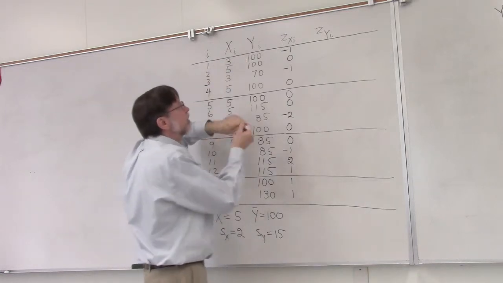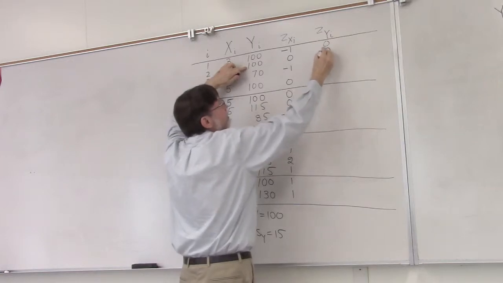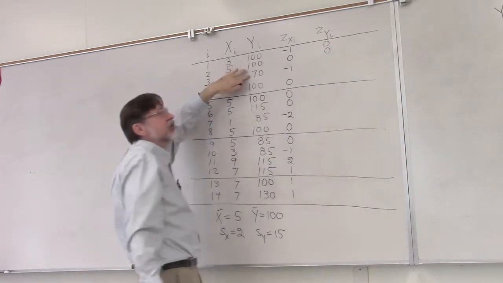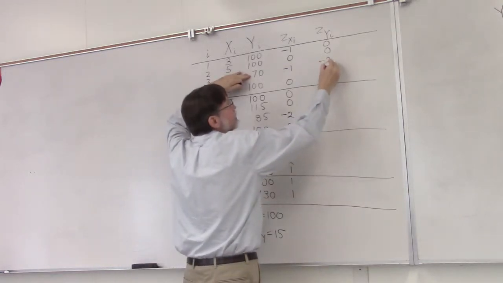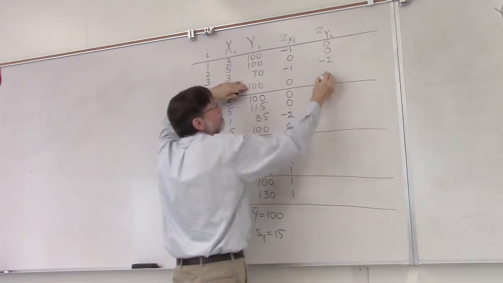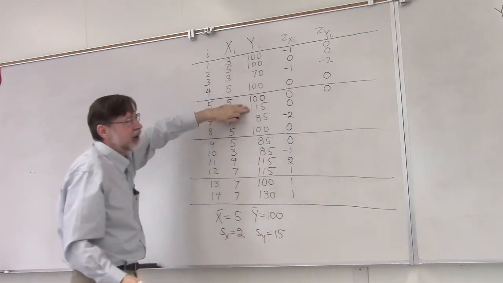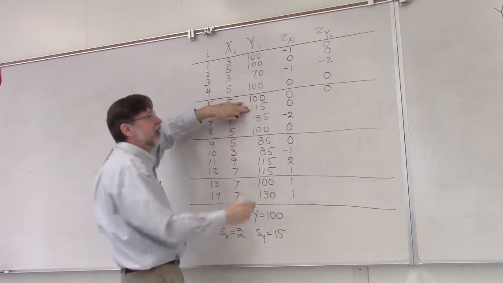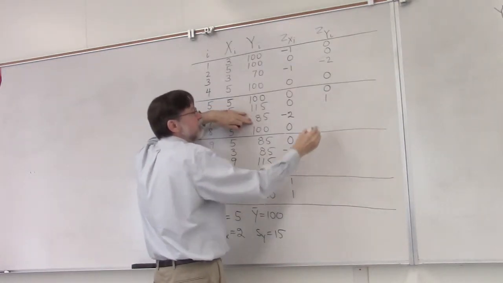So 100 minus 100, that's 0. 100 minus 100, that's 0. 70 minus 100 is negative 30. Divided by 15 is negative 2. 100 minus 100 is 0. 100 minus 100 is 0. 115 minus 100 is 15. Divided by 15, that's positive 1. 85 minus 100 is negative 15.